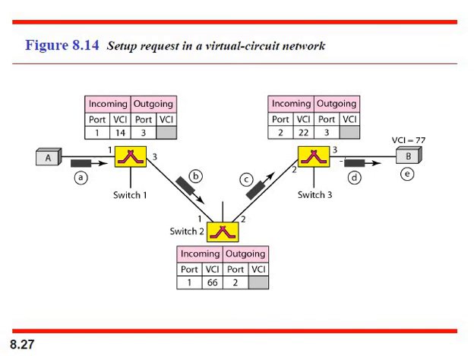Once the transmission is completed, in the tear down phase, all the resources will be deallocated for further use. Now just concentrate on how to fill these outgoing port VCIs. This is blank, this is blank, and this is blank. How to fill them, we will see in the next example.